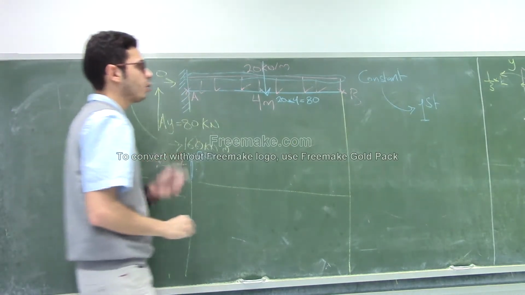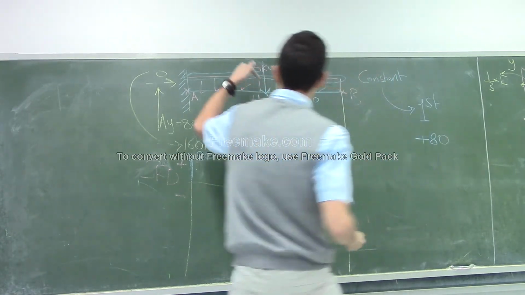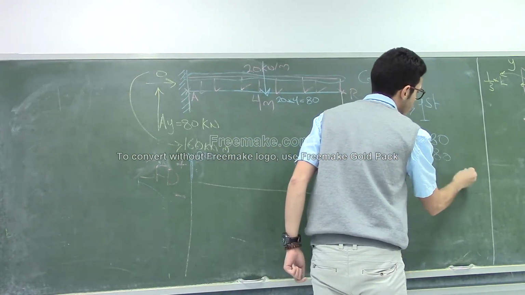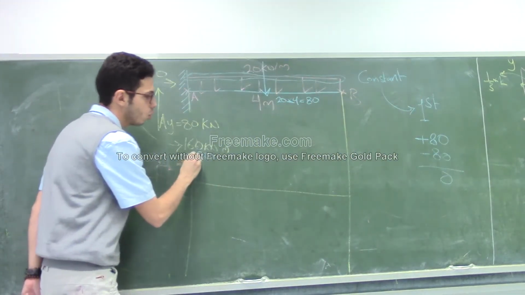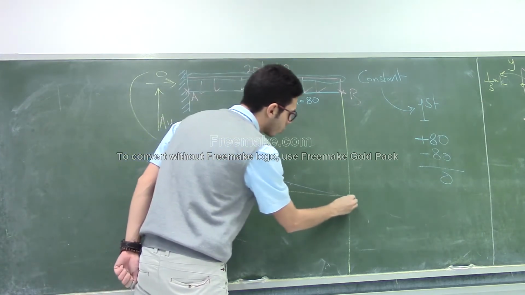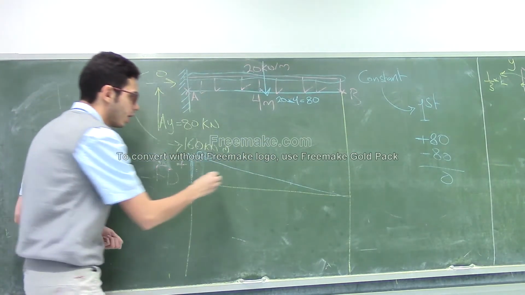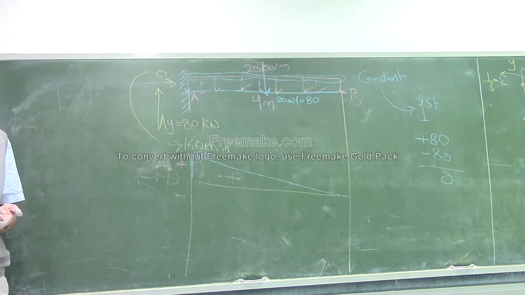So now you have a positive 80 and also a minus 80, so the result is 0. From here, you should go straight forward with a straight line, and it's positive.